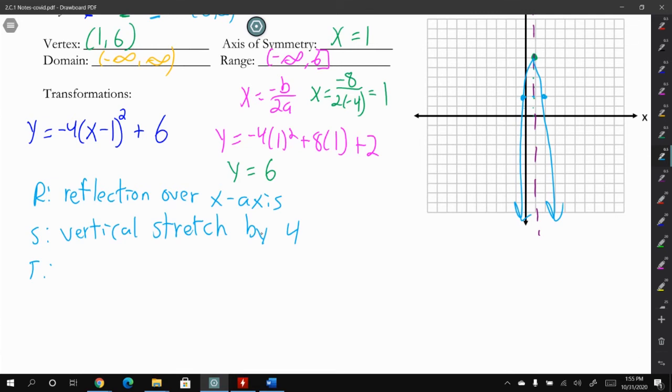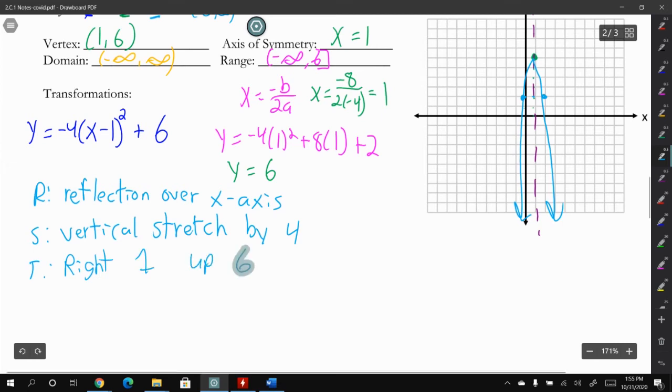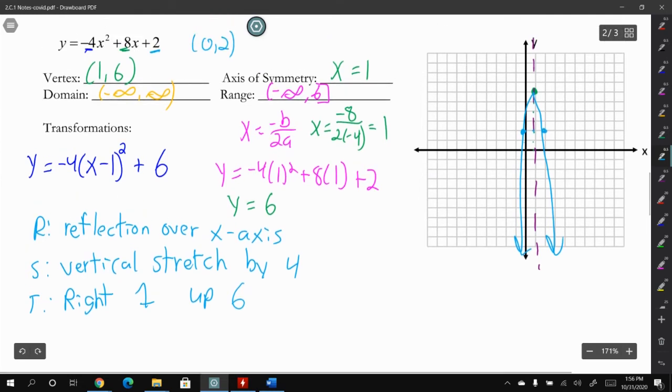Translation, we are translated right 1 and up 6. So again, we were able to go from standard form to vertex form because we were able to get our a value, and we have our vertex here, and that allowed us to write it in the separate form, and that allowed us to get our transformations.